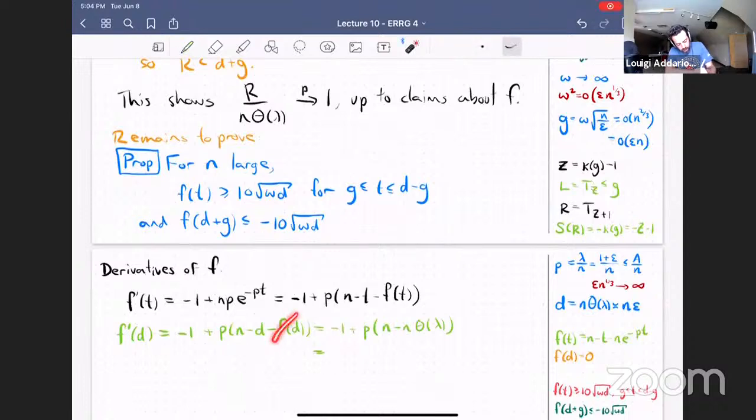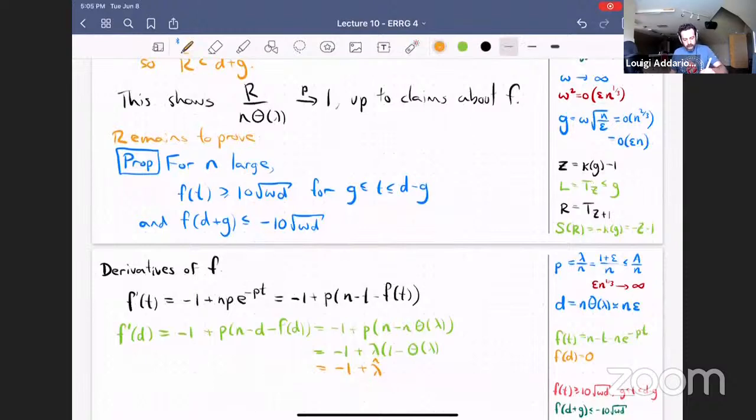So if I've just canceled that and used the definition of d, and now np is lambda, right? So I have lambda and then lambda theta of lambda here. So this is minus 1 plus lambda times 1 minus theta lambda. Well, that's the definition of the dual parameter lambda hat, right? So that's minus 1 plus lambda hat, where lambda hat is the dual parameter for a Poisson Binomial tree with parameter lambda.